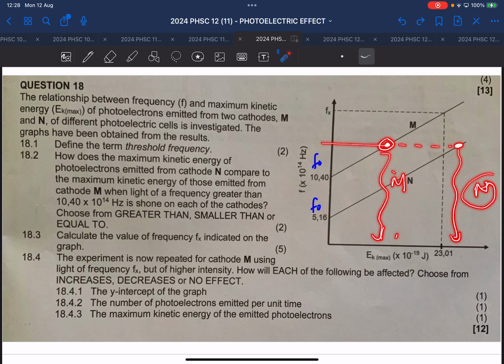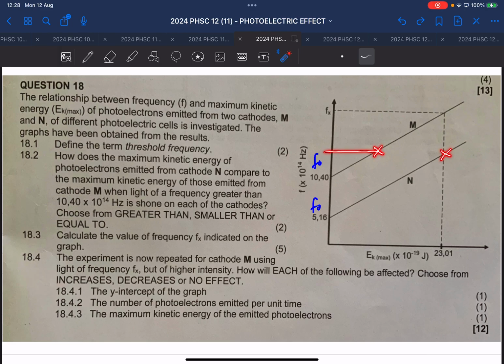N is greater than M. You see that? I went to greater than, I looked at where it crosses the line, there it crosses the line, this one, this one. Which one is bigger? N is bigger. They said when light of frequency greater than 10.4, so greater than that is, say, there.